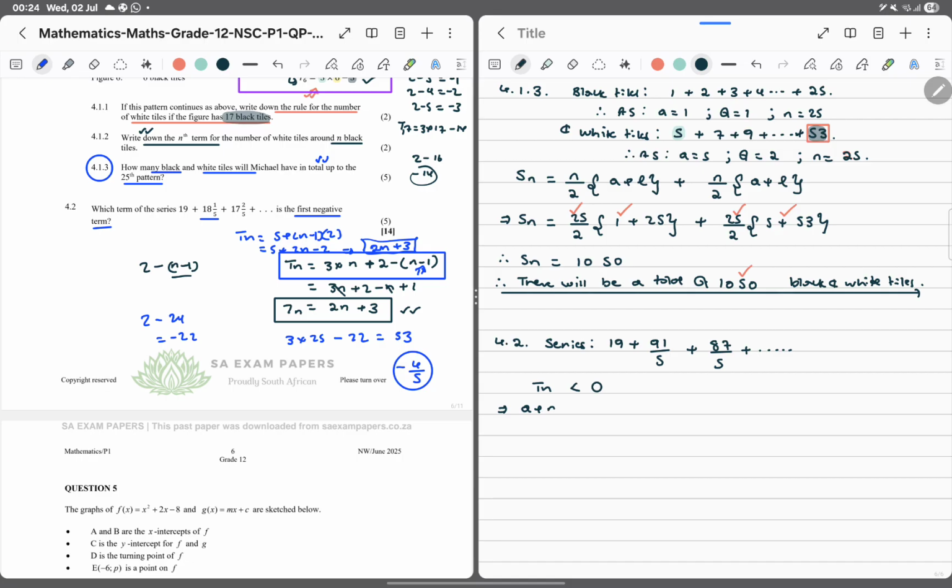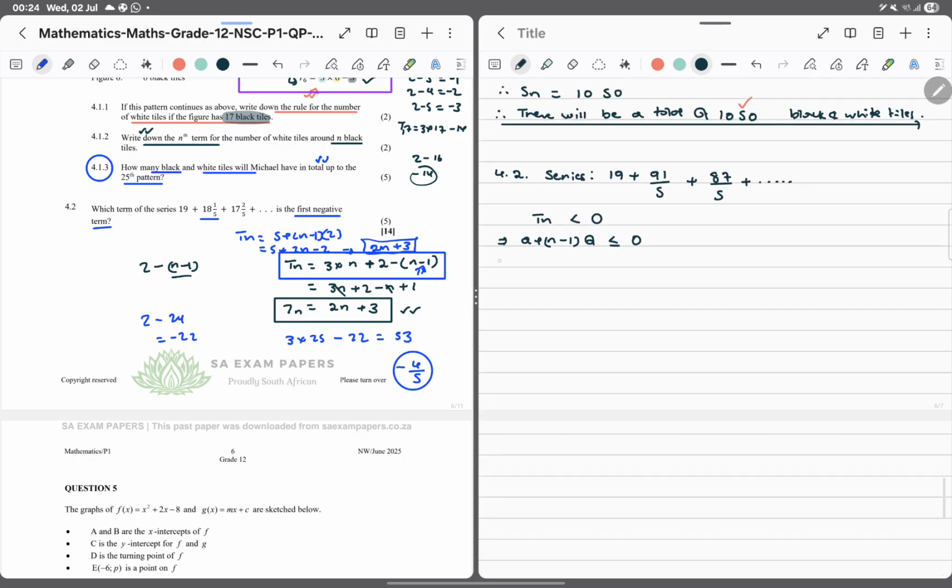Tn is a plus n minus 1 times d, less than 0. So this also implies that we've got 19 plus n minus 1 times d, which is minus 4/5.